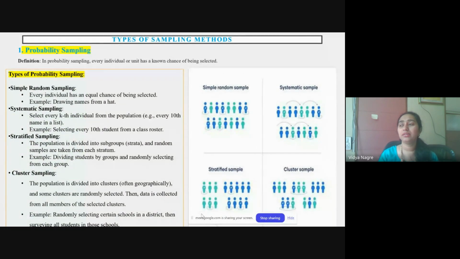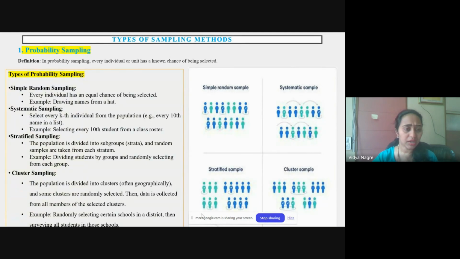Then the government identifies this problem and tries to resolve it by providing proper facilities or giving funding, or asking some NGOs to run it, or calling for a tender outside. So the same will be applicable to all other government schools in order to make them survive. That might be their agenda. So this is what cluster sampling is.